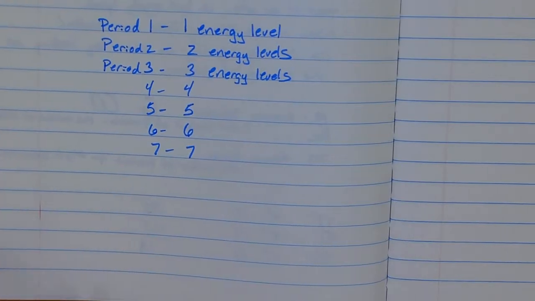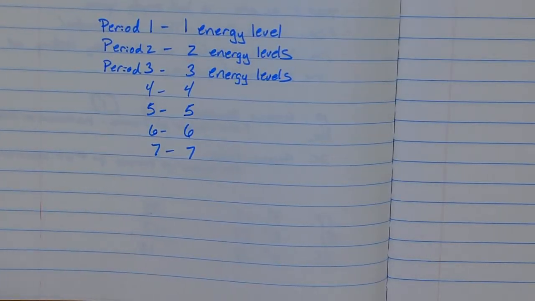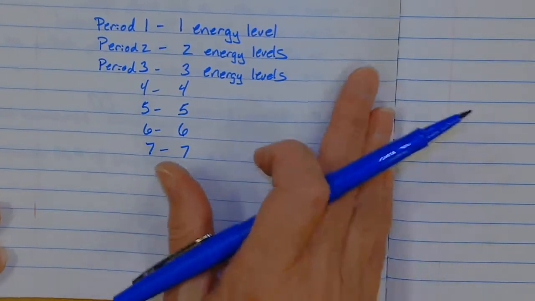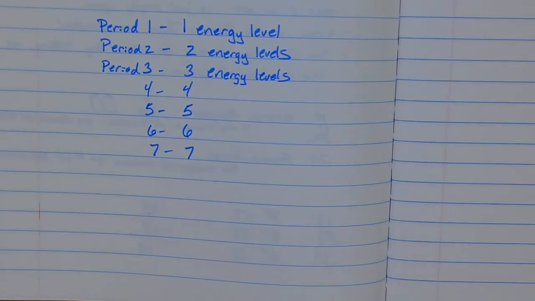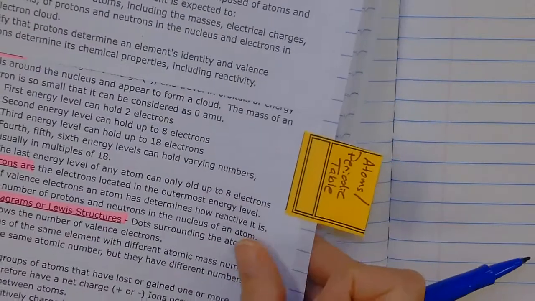Okay, so on your energy levels, there's only so many electrons that can fit on each one. And in your notes that you taped in your journal, I actually gave that to you.